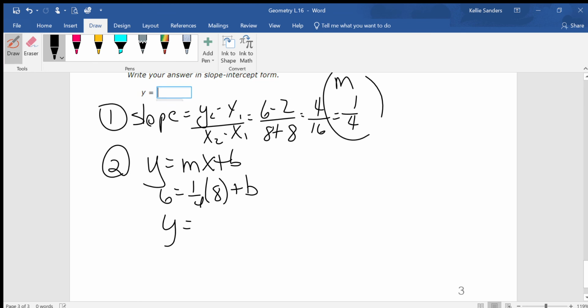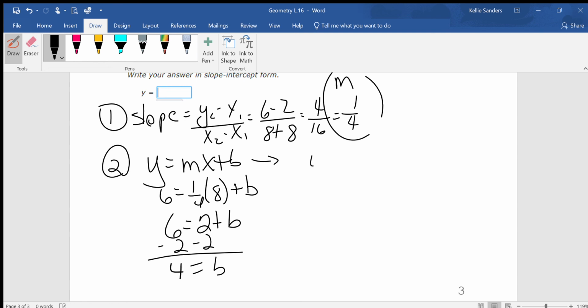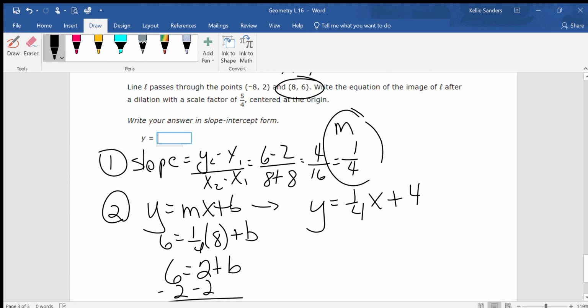A 1/4 of 8 means divide 8 by 4 and get 2. Well, I don't know why I put that 6 there, or that y there. Subtract 2, what's our b? 4. So y equals, what's our m? 1 over 4x plus b. Then we look at the scale factor.